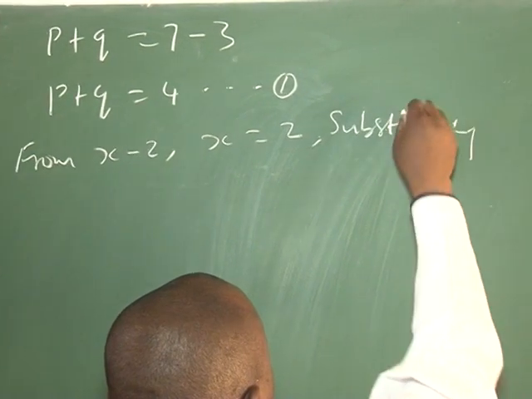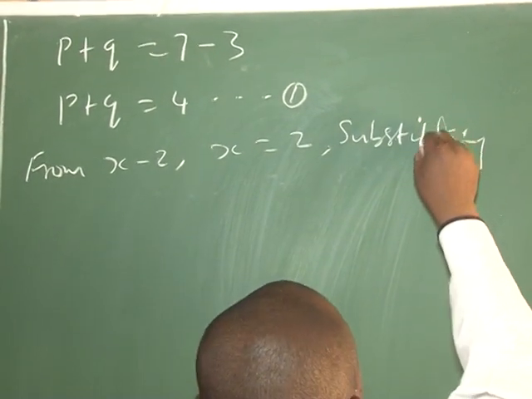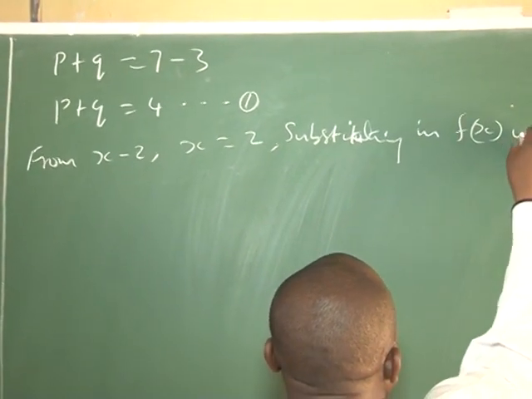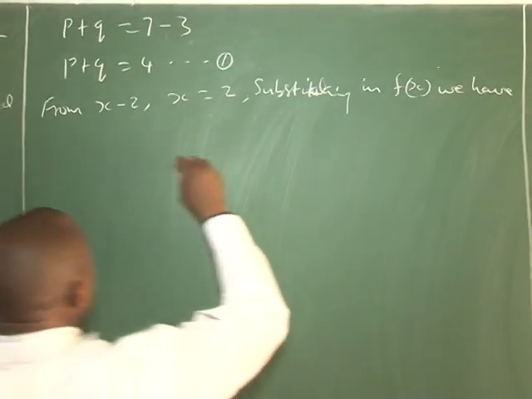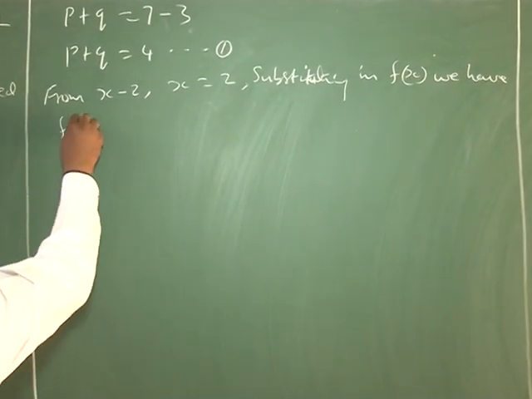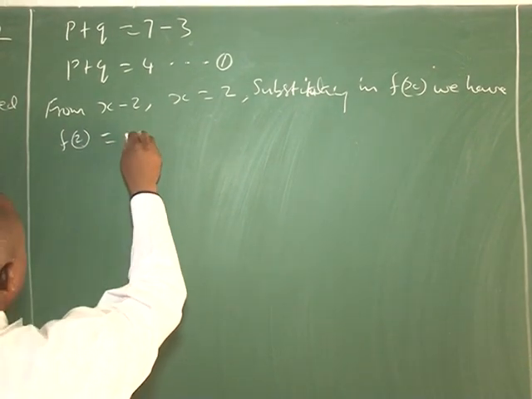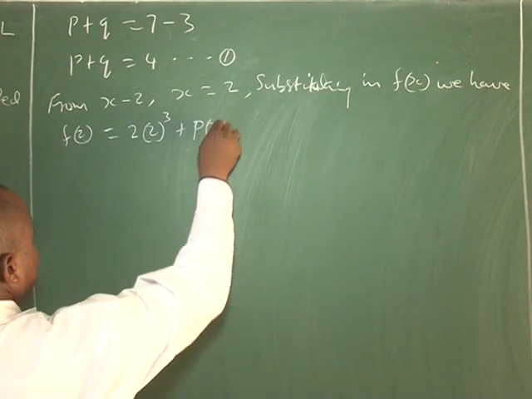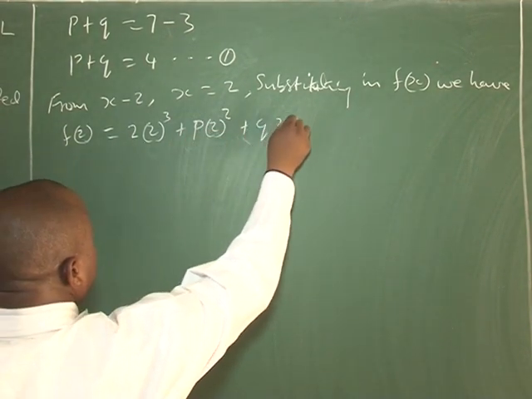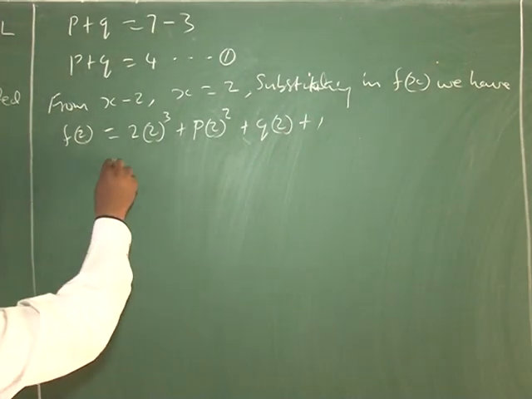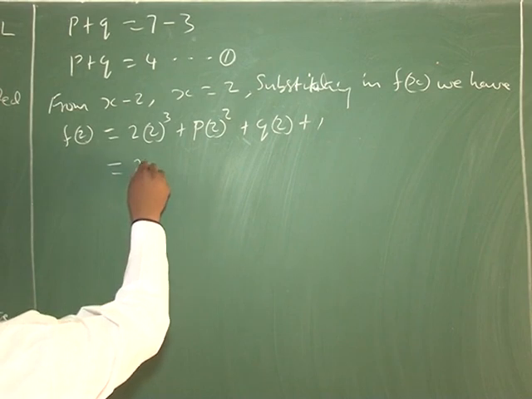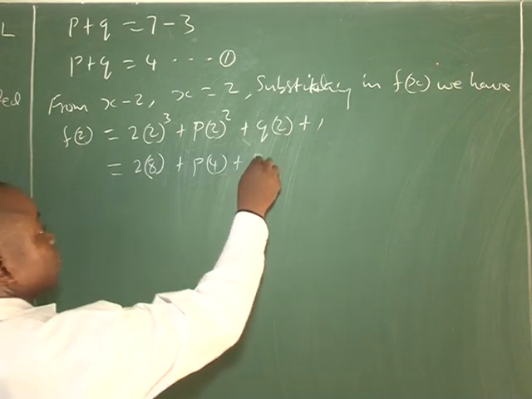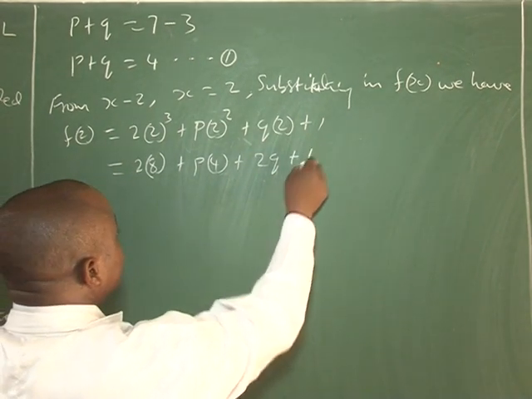Substituting in f of x, we have f of 2 will be equal to 2 cube plus p 2 square plus q times 2 plus 1, and that will give us 2 times 8 plus p times 4 plus 2q plus 1.